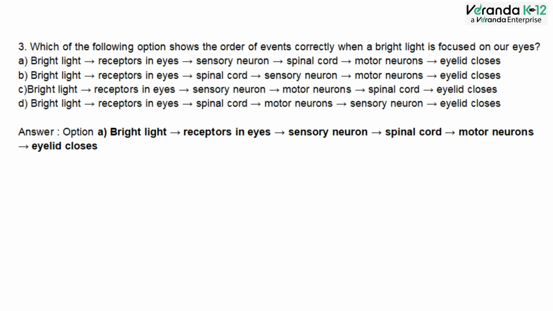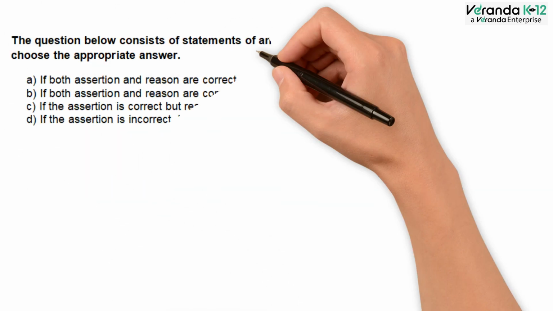In response, a message is sent via the motor neurons that makes the eyelid muscles contract and hence the eyes close. So the correct sequence will be option A. Bright light, receptors in eyes, sensory neuron, spinal cord, motor neurons, and hence the eyelid closes.